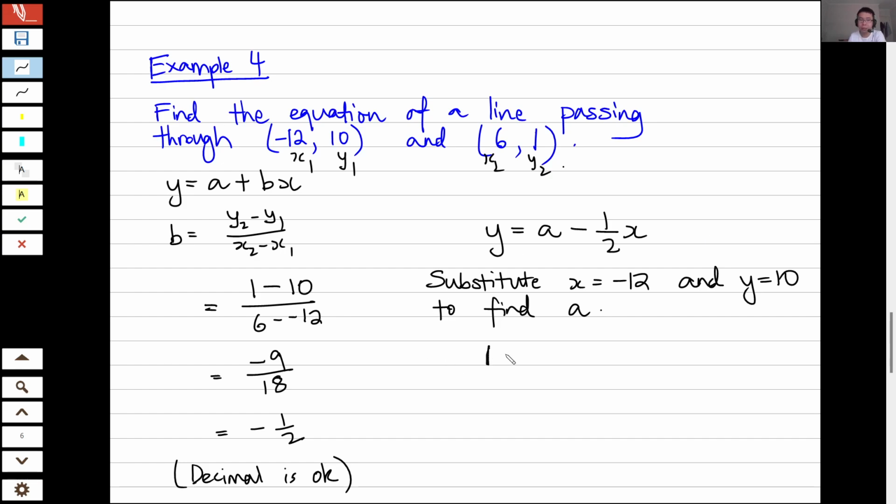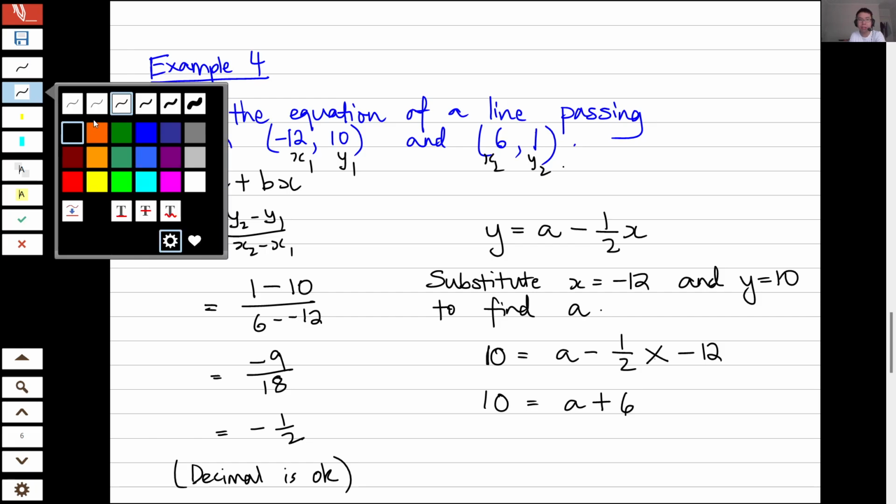So my equation is going to be 10 equals a minus a half times negative 12, or 10 equals a plus 6. Half times 12 is 6. And remember, if I multiply two negative numbers, I get a positive number.